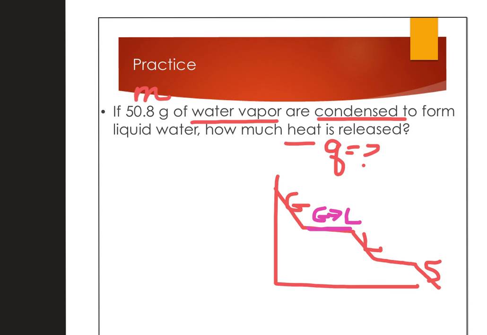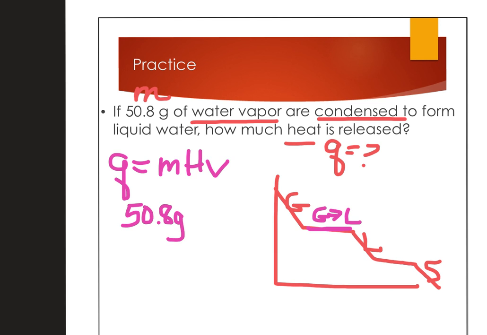So I'm no longer using Q equals mHF. I'm using Q equals mHV. My mass is 50.8 grams. My HV is on the front of my reference table. It's 2,260 joules per gram.